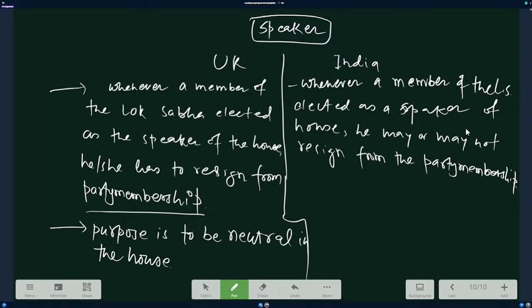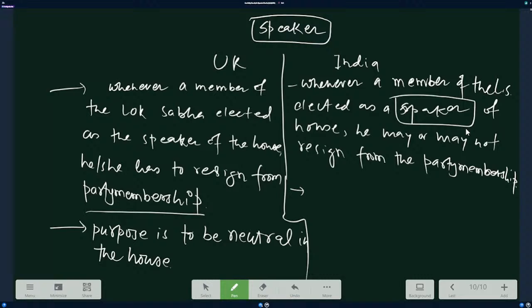Now, the Indian Speaker is always blamed that he takes sides of his party. Even Om Birla has been accused several times that he is taking the sides of his own party and he should be neutral. So there is a debate whether we should follow the UK system or continue what we already have.